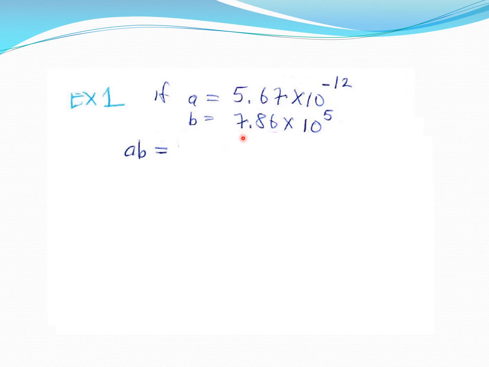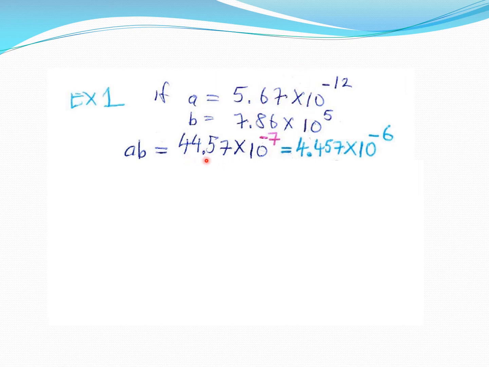So 5.67 by 7.86 gives us 44.57 by 10 to the power of, and you multiply 10 to the minus 12 by 10 to the 5, we get 10 to the minus 7. So basically what we're doing is we're multiplying four numbers together, and the order in which we multiply the numbers doesn't matter particularly. So what we choose to do is to multiply those two bits together first, and then multiply by the powers of 10.